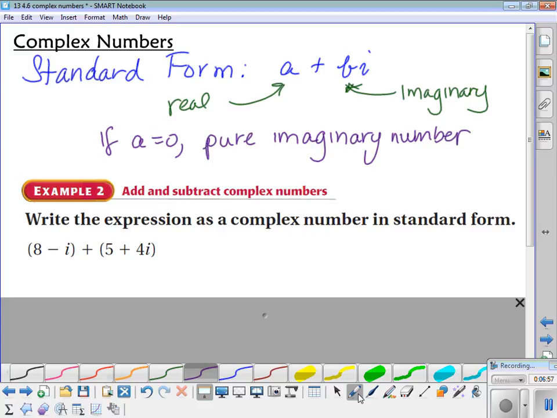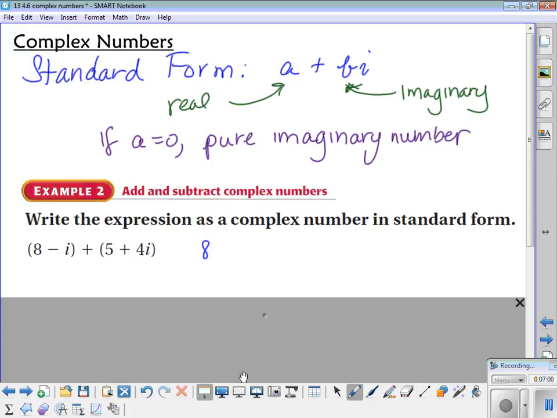So the real part is the 8 and the 5. And then the imaginary part is the negative i and the plus 4i. So it's just like combining like terms. What's 8 plus 5? 13. What's negative 1 plus 4? 3. So I have 3i. So the answer would just be 13 plus 3i. You're just essentially combining like terms.